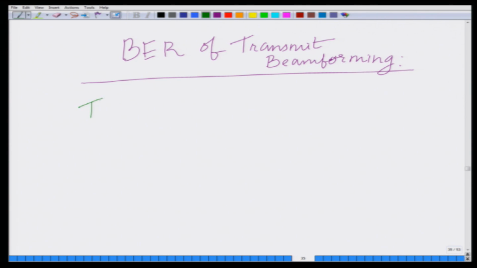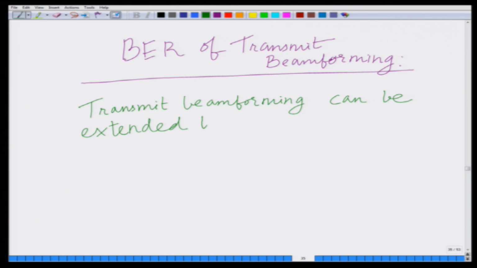Transmit beamforming can naturally be extended to a general scenario with L antennas.